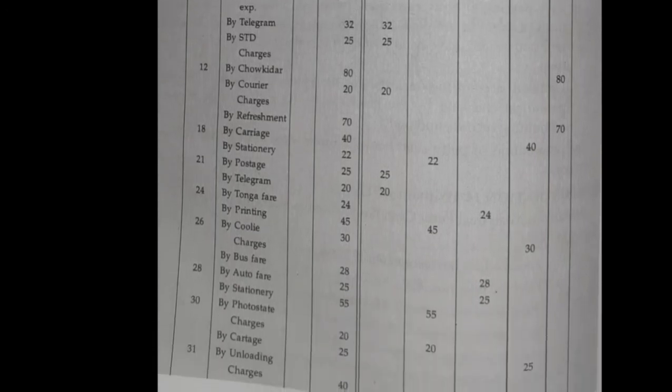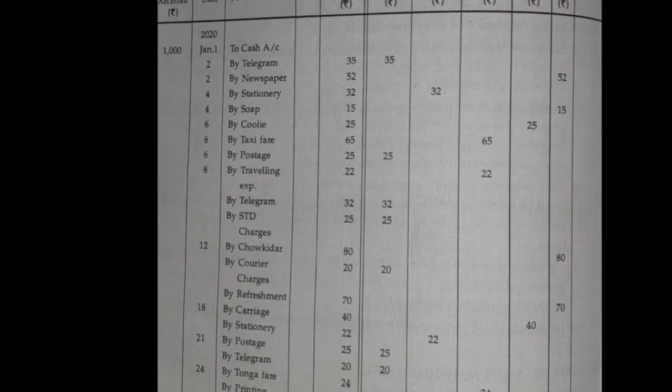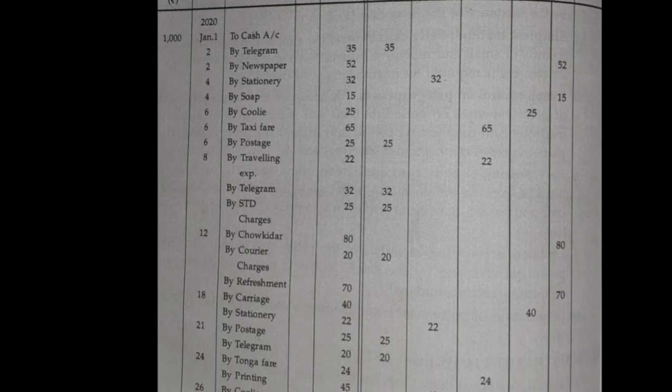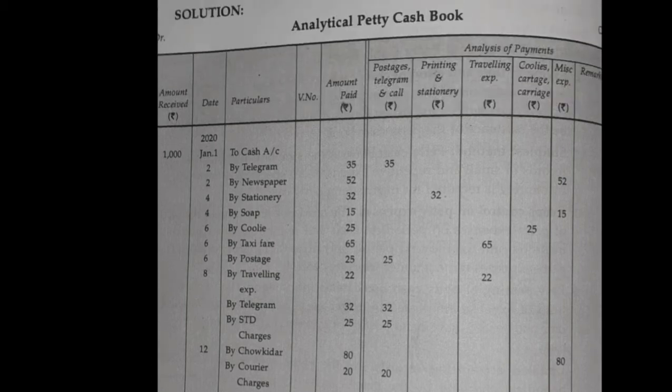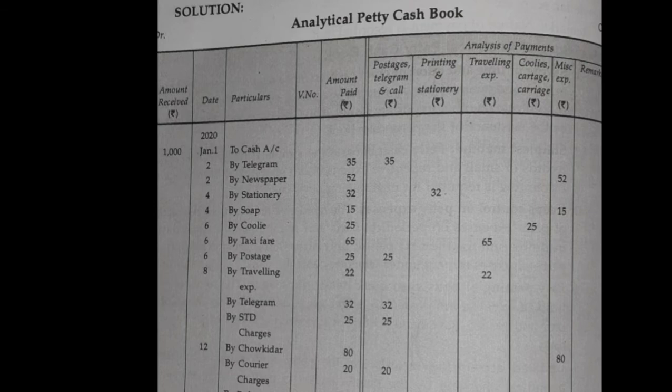Whatever expenses are given, I will read out a few for you, like telegram expense on January 2, which is recorded in amount paid. Newspaper 52. So you will analyse which expenses are being repeated, and after going through that analysis, you will prepare the columns.